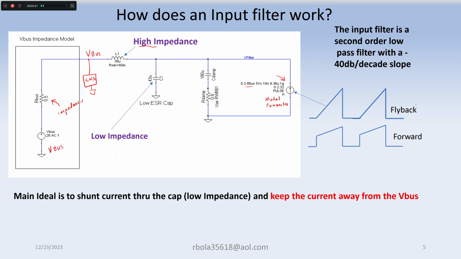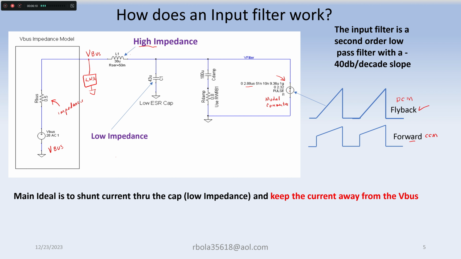Now the waveform that I'm going to be using will be that of a flyback, and this would be DCM, discontinuous conduction mode, and this would be a forward. Looks something similar to that. And this, of course, would be a CCM, continuous conduction mode. But for this example, I'm using a flyback.